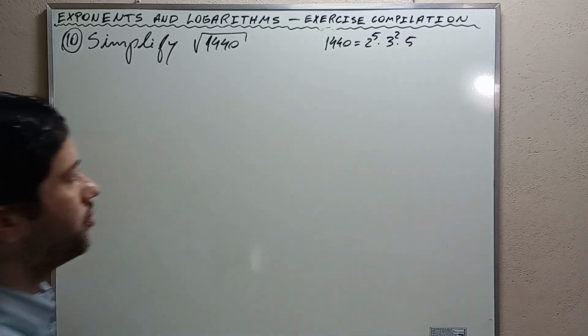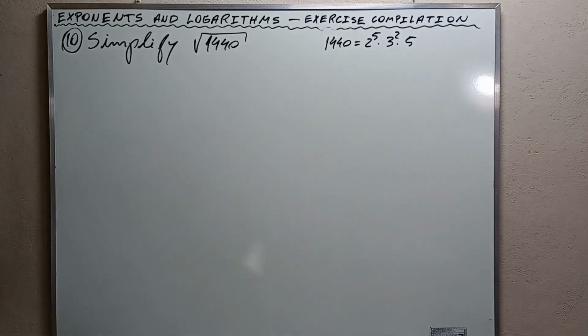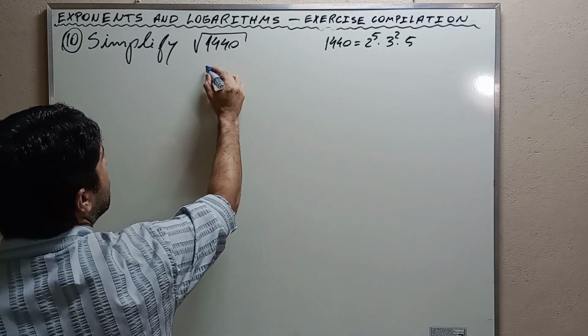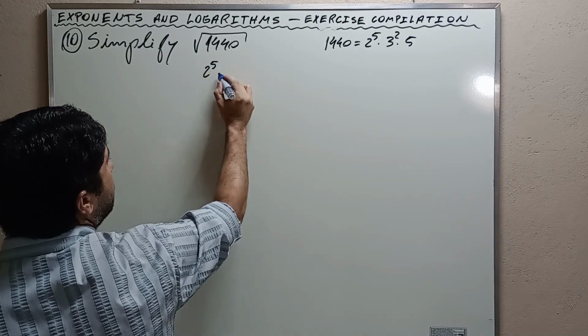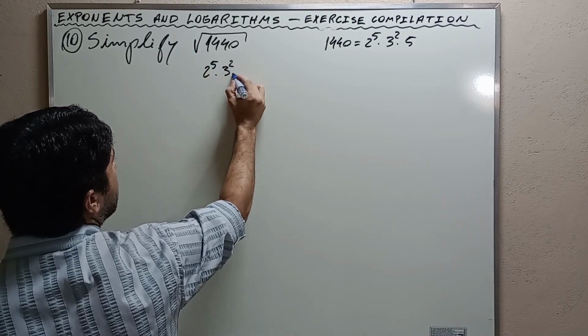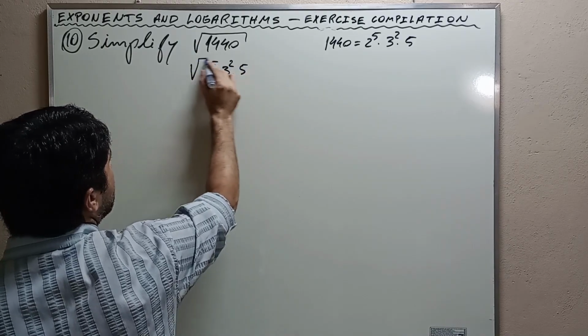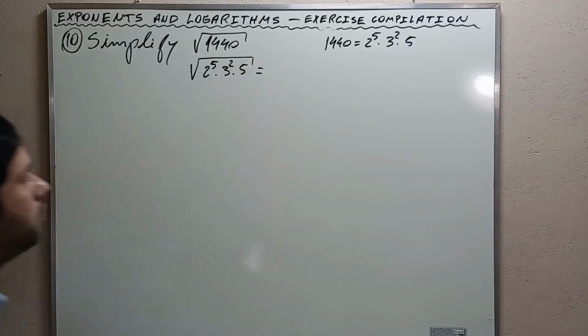And we put this factorization in the root, and it becomes 2 to the 5th times 3 squared times 5, the square root of it.